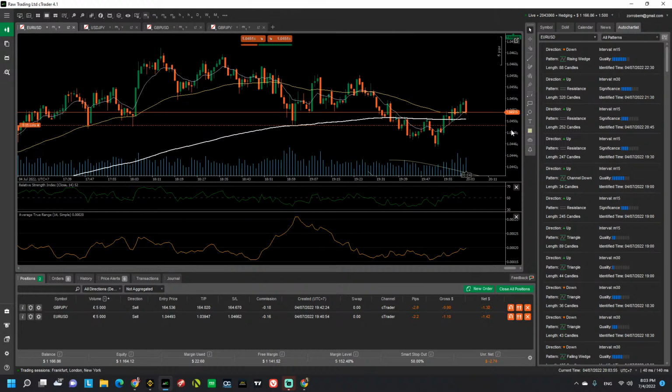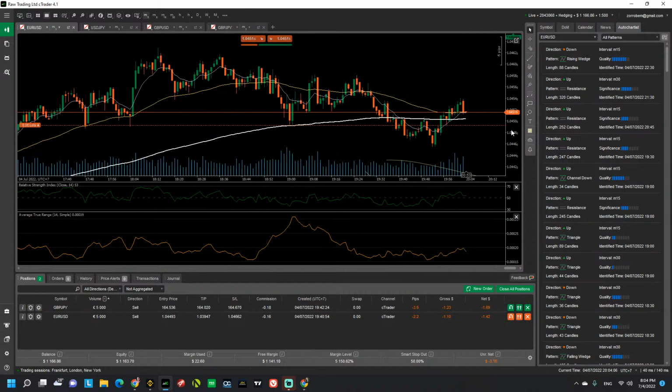So I'm looking at this red candle now. We'll see if it engulfs or if it's bigger than this candle. Oh, not that. It did not really engulf.